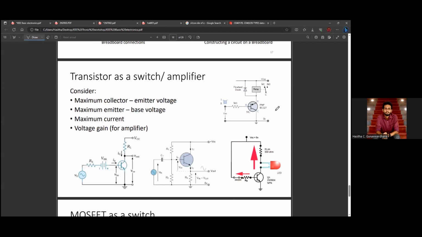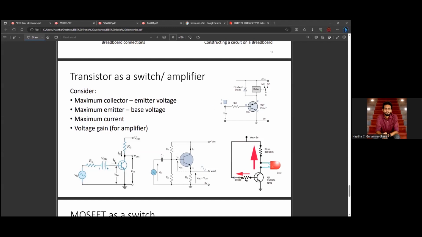If we consider transistors, there may be millions of various types. So how to choose a transistor that is most suitable for our application? I will give a basic guideline. This is for your basic task. For advanced high-speed tasks, there are many things to consider.